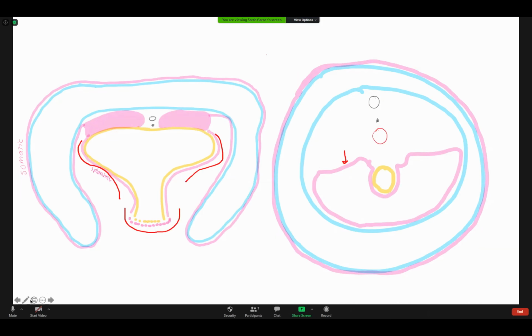If this blue was the ectoderm, now we have a whole layer of ectoderm covering the outside of the body. This is what's going to eventually form your skin. And then here, this would be that peritoneal cavity. And then you have the mesoderm still covering that gut tube. That's going to be important in a second.